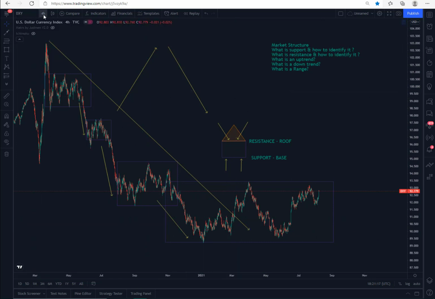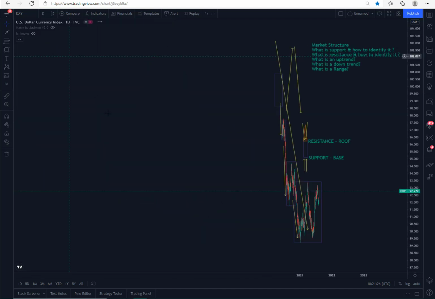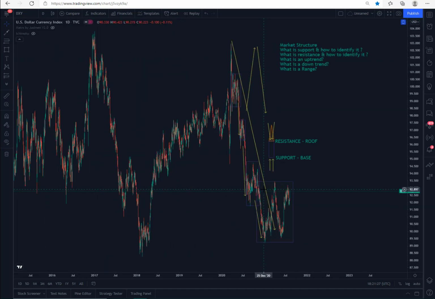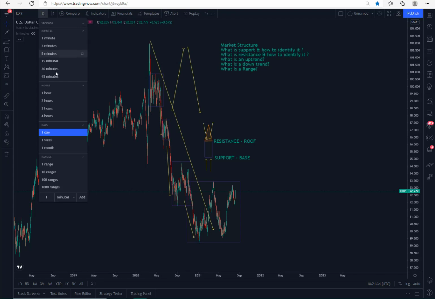Now this is a 4-hour chart. If you switch this to the daily time frame, let me just do so, you would notice that this is one huge large downward movement. See, just like this. All right, hope I'm clear so far.